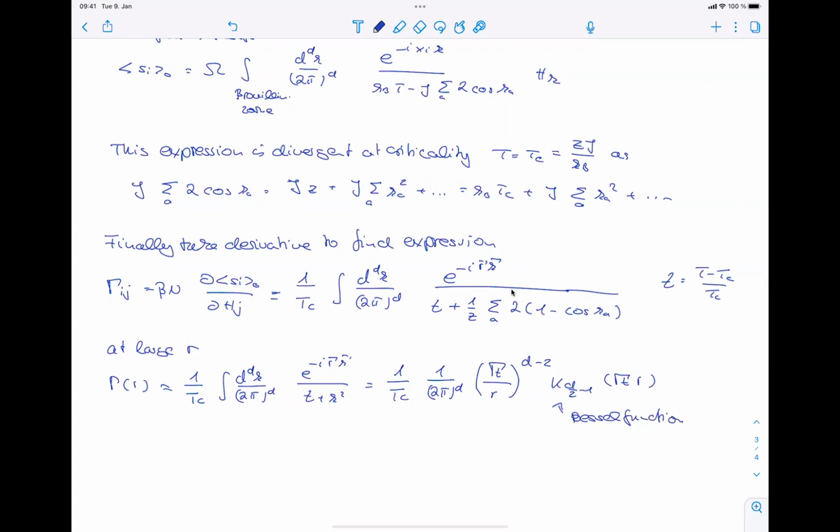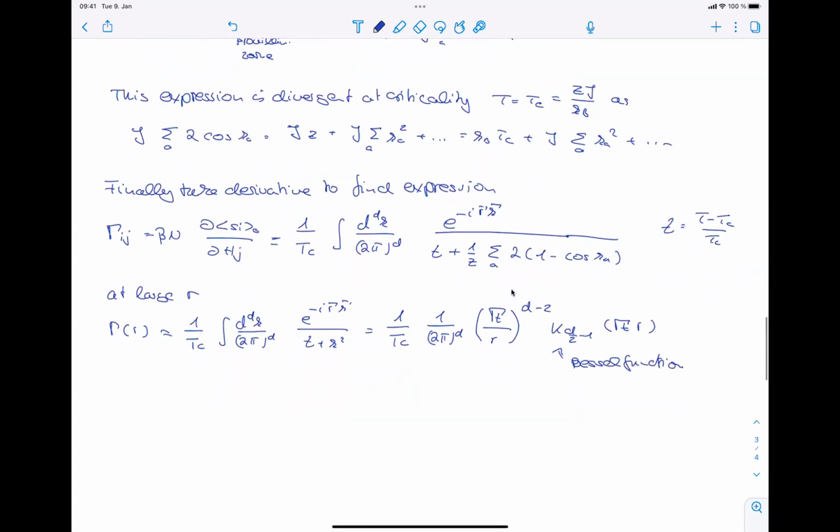But the cool thing is that we know a lot about the Bessel function, and particularly its scaling for large values. So we actually know that at large distances, this goes roughly like 1 over Tc, just copying down the prefactors.